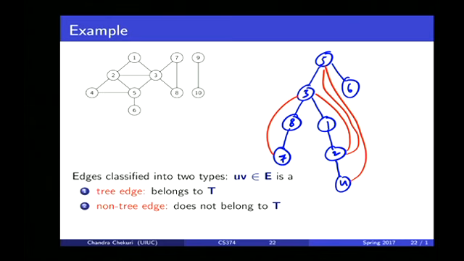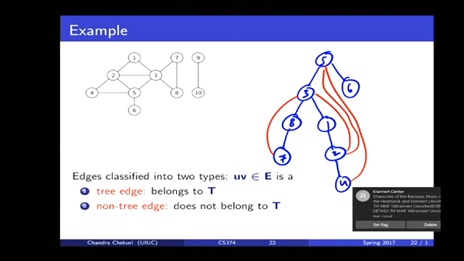I don't have an edge from 8 to 6, right? Well, in this case, I don't, but that's true of any DFS tree. In any DFS tree, I can't have a non-tree edge connecting a node and somebody which is not an ancestor or a descendant of it.